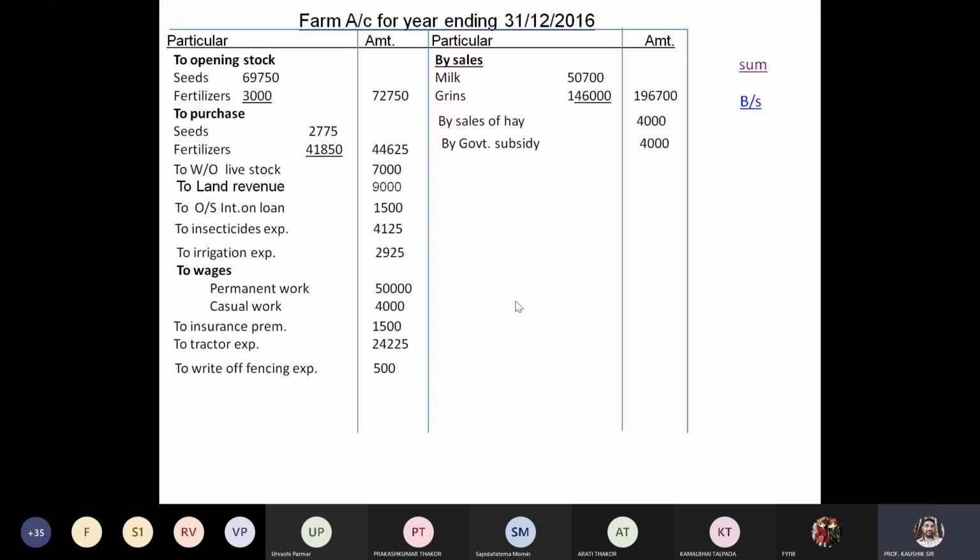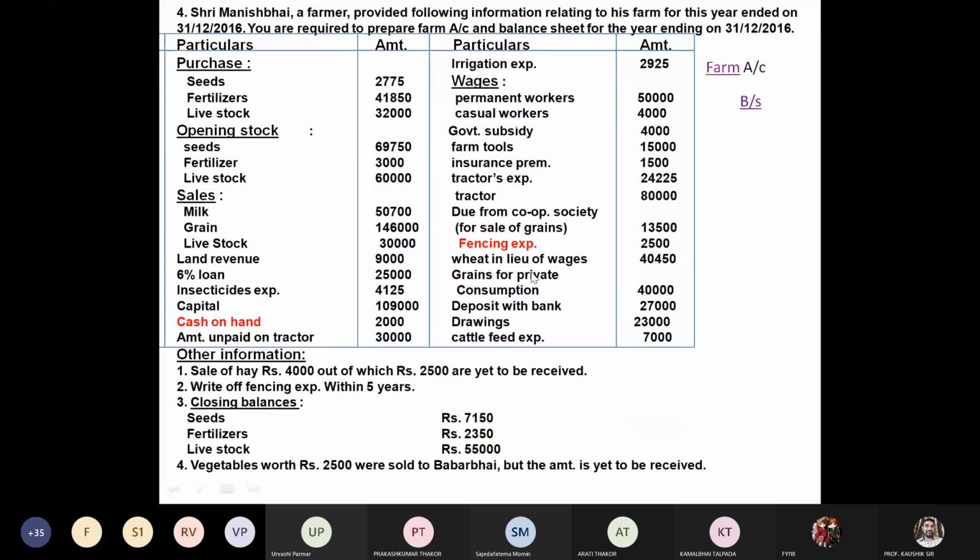Go to the sum again. Wheat in lieu of wages 40,450. To the farm accounts.